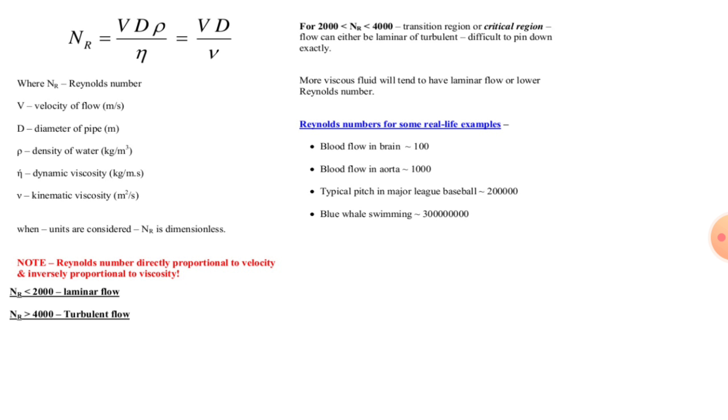When units are considered, Nr is dimensionless. Note: Reynolds number is directly proportional to velocity and inversely proportional to viscosity.